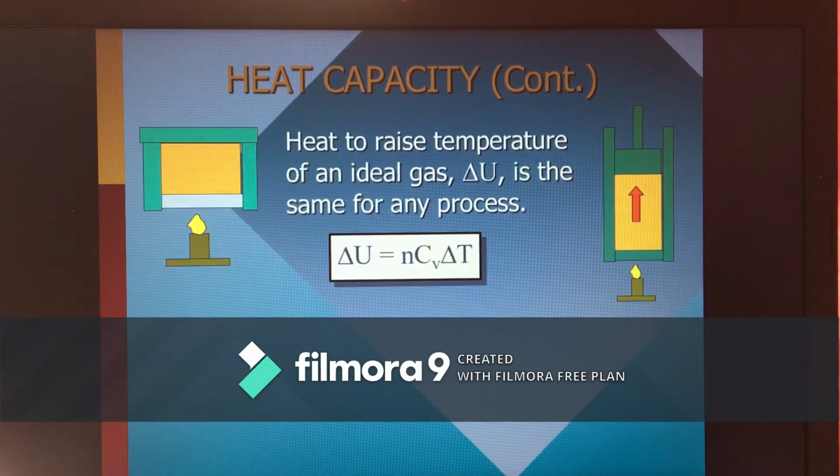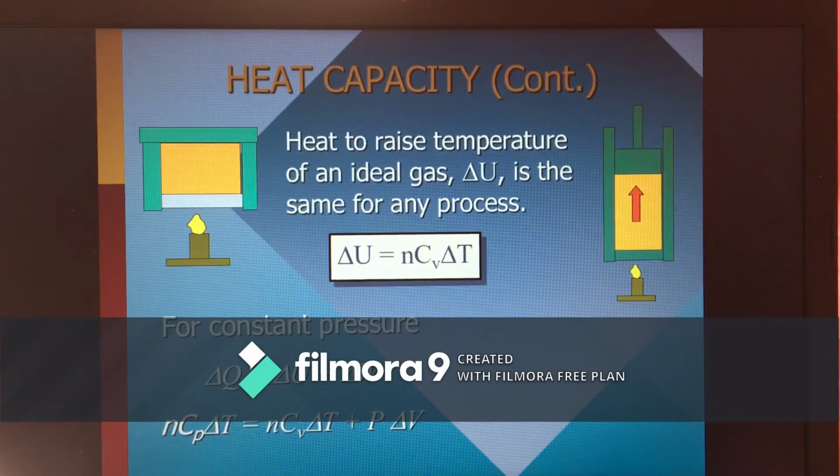Therefore, delta U equals n Cv delta T. So for constant pressure, we have delta Q equals delta U plus delta W. Since delta Q equals n Cp delta T, and delta U is n Cv delta T, plus delta W is equal to P delta V, as discussed in our previous lecture.